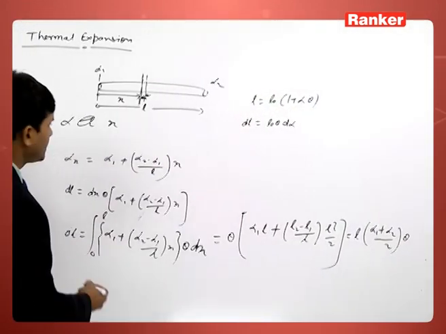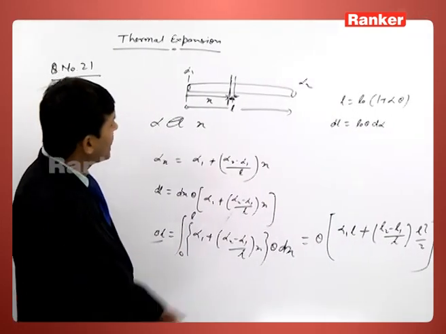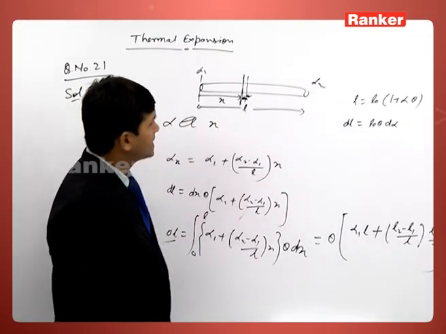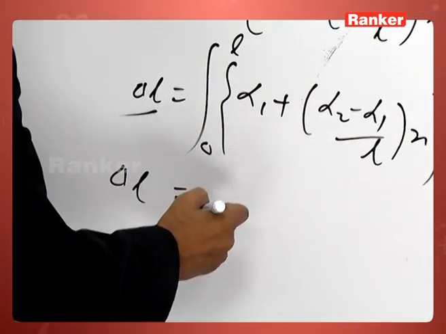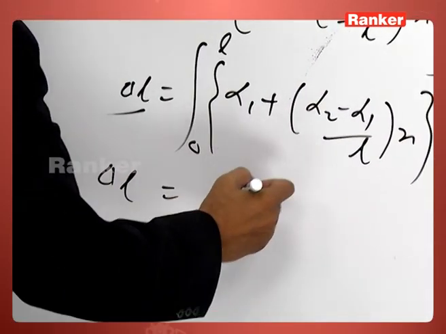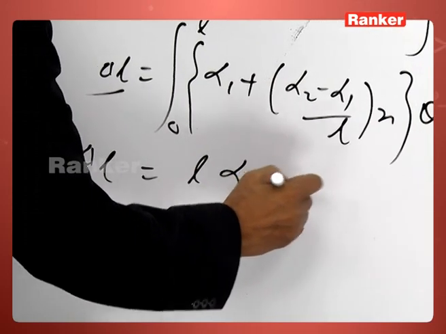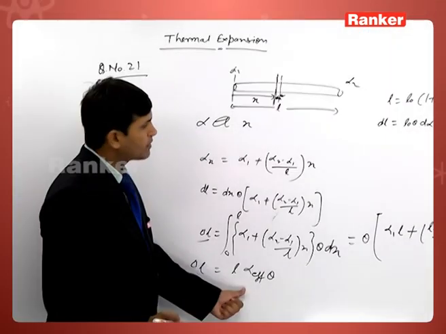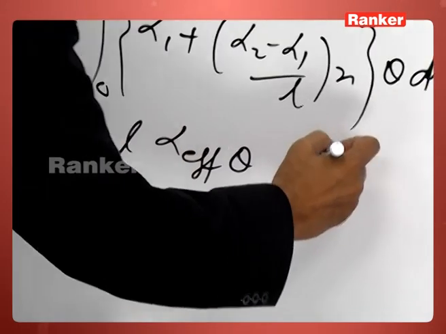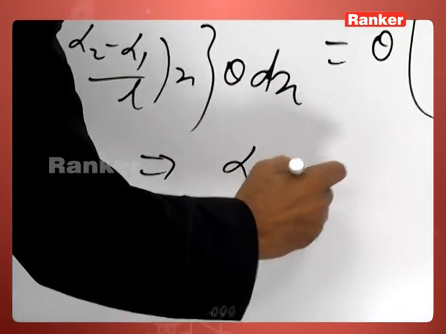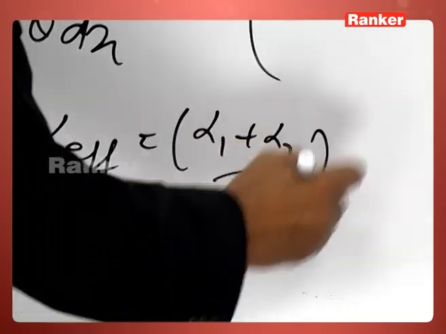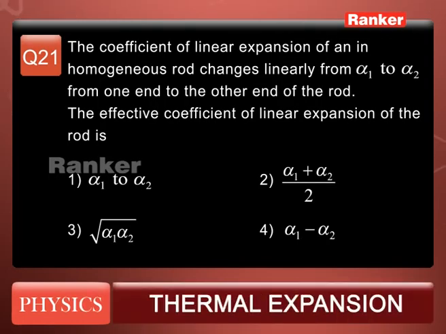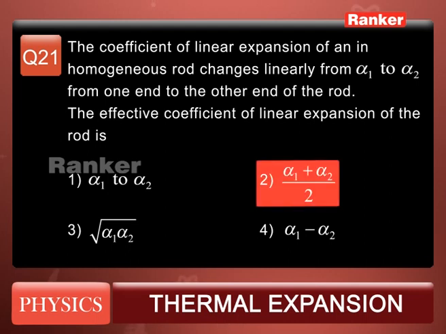This is the actual change in length, and delta L is equal to the initial length L into alpha effective into theta. So alpha effective will be alpha 1 plus alpha 2 by 2. Hence our correct option is option number 2.